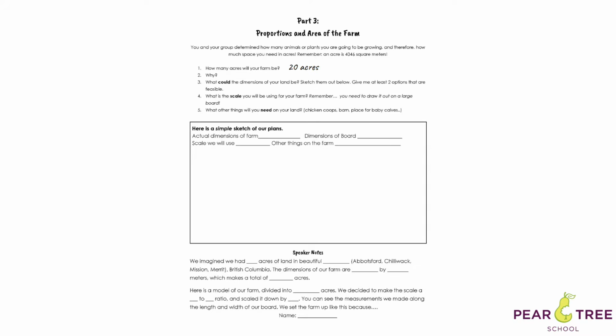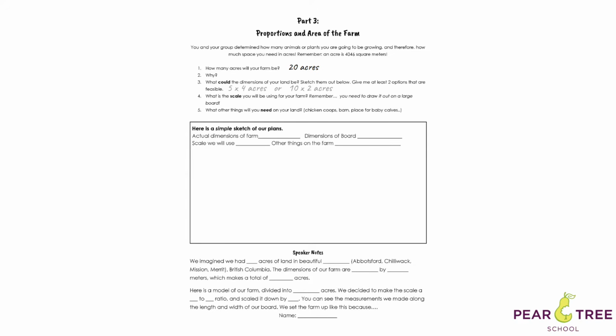The third question is, what could the dimensions of the land be? So knowing your multiplication, you're thinking, how many ways can I make 20 using two numbers? Because 20 is the acreage, in terms of square footage. So how can I make land that has 20 acres squared?